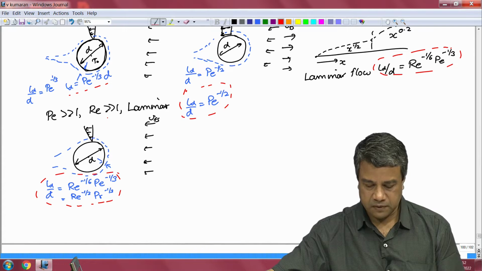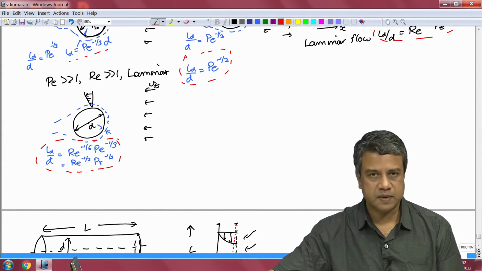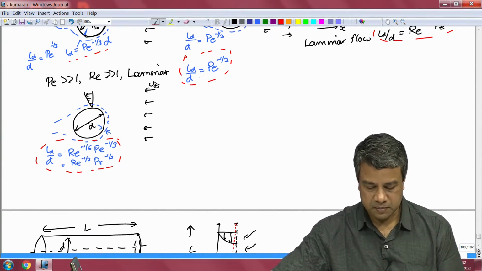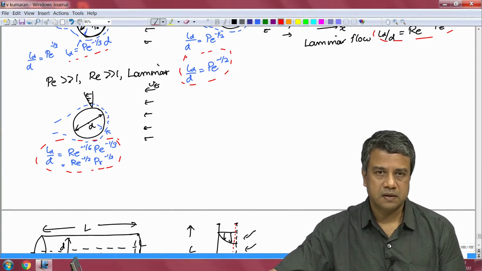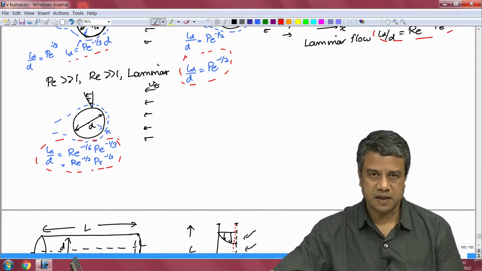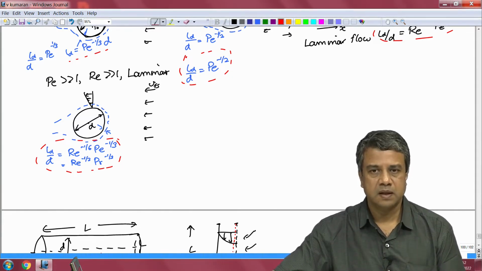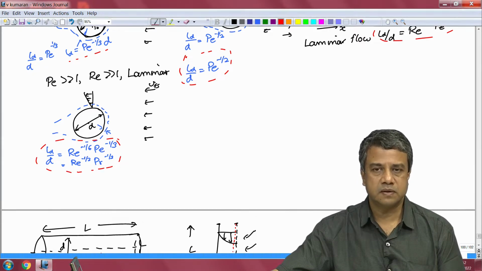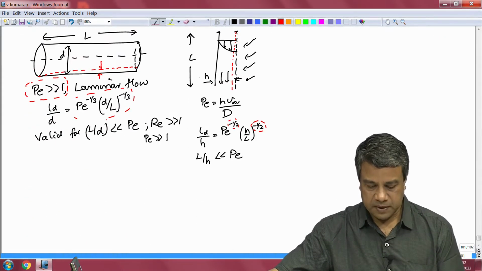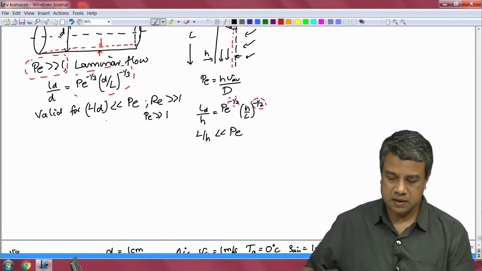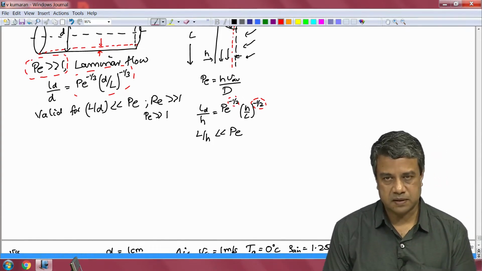For a laminar flow in the high Reynolds number limit for the flow past a particle, you get Re power minus 1/6 times Pe power minus 1/3 or Re power minus half times the Prandtl number power minus 1/3. In the case of mass transfer, you substitute the Schmidt number for the Prandtl number. For a pipe flow, it is Pe power minus 1/3 times d by L power minus 1/3.